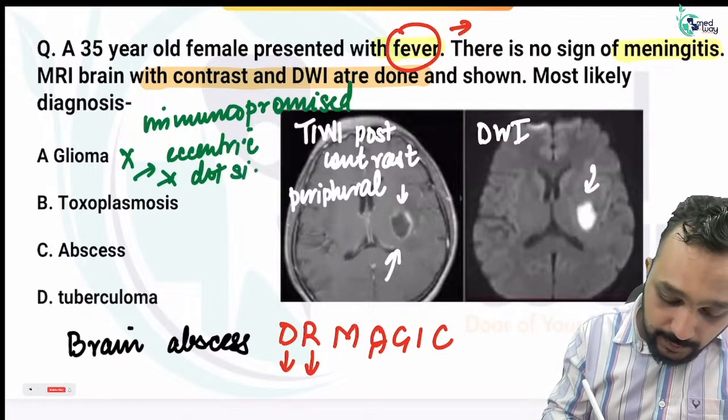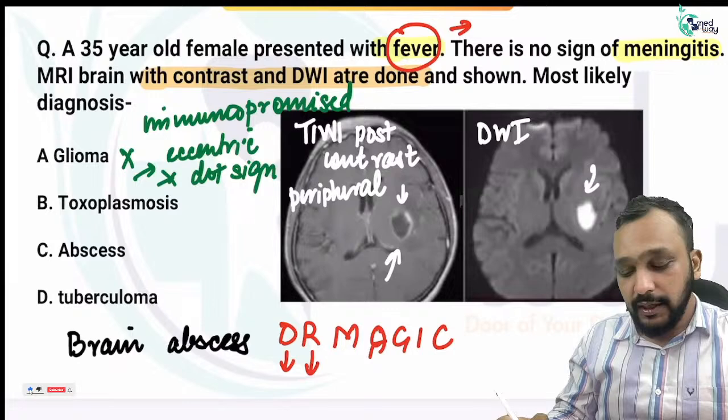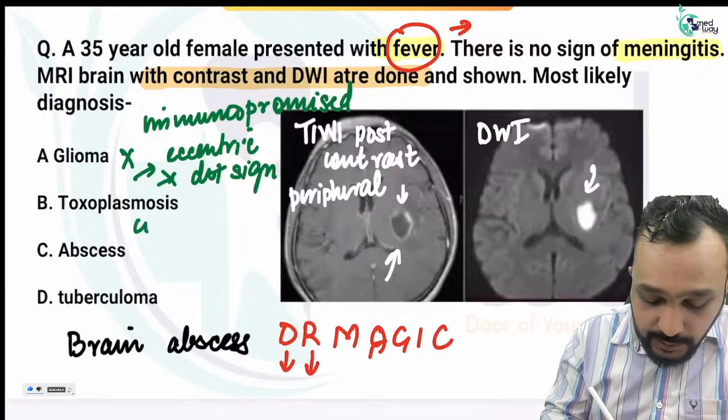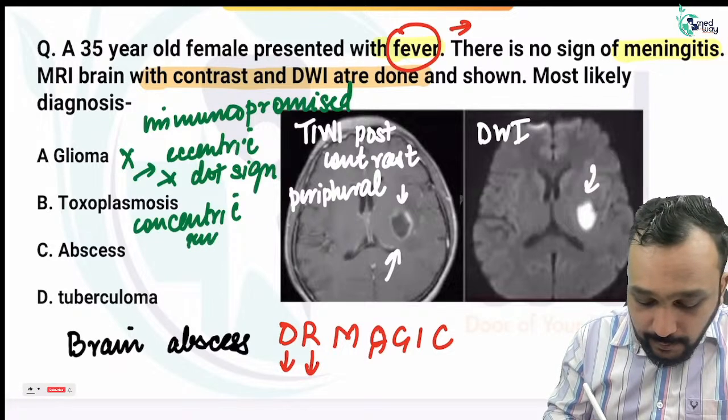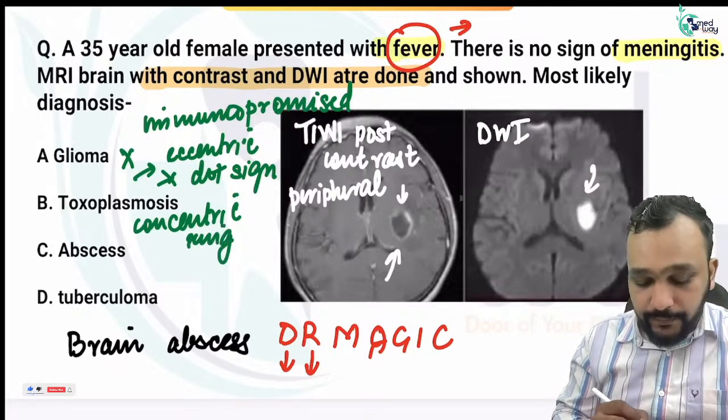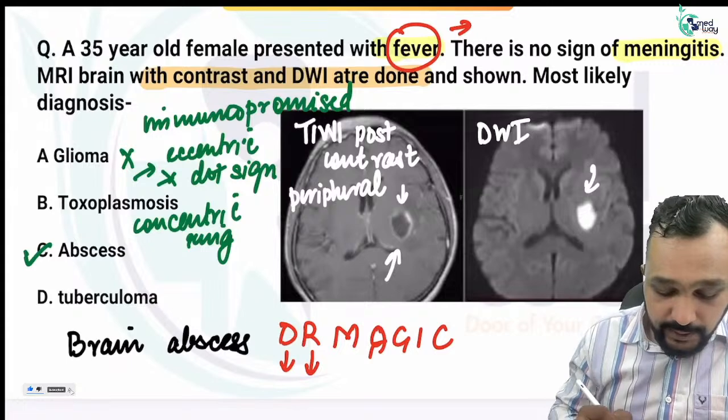Then you can also see a concentric ring sign, which was typical of brain abscess.